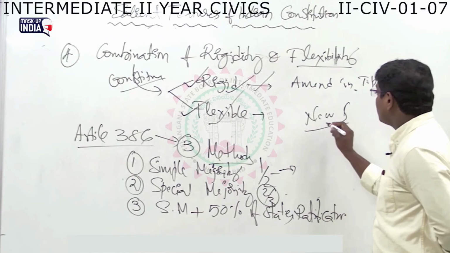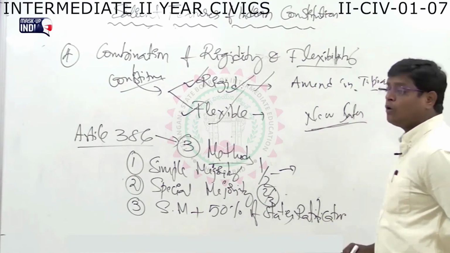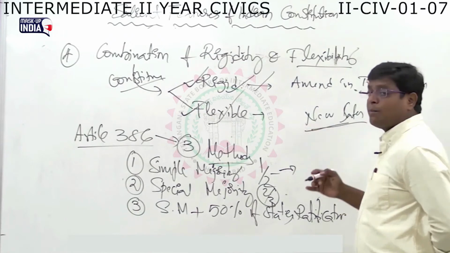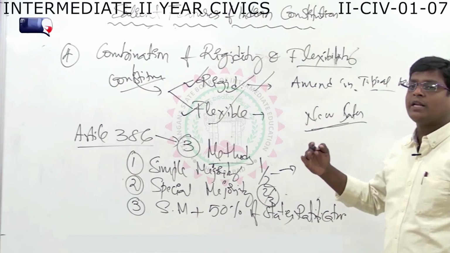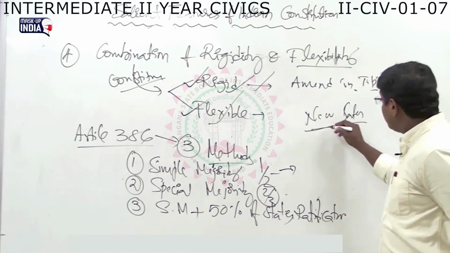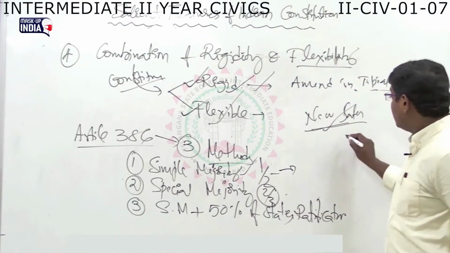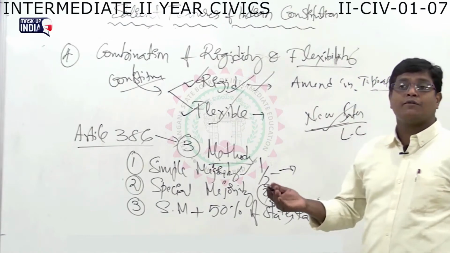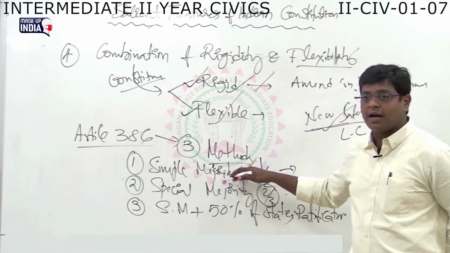So that was based on simple majority: formation of states, and also alteration of the boundaries of the states. That means changing the boundaries of a state also comes under simple majority. At the same time, creation of legislative councils and abolition of legislative councils come under simple majority. Understood?